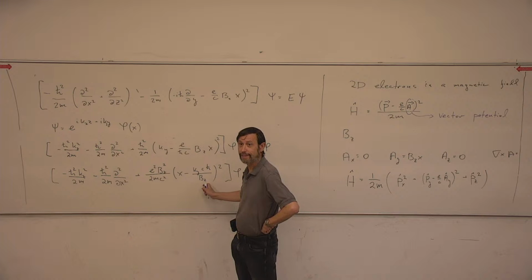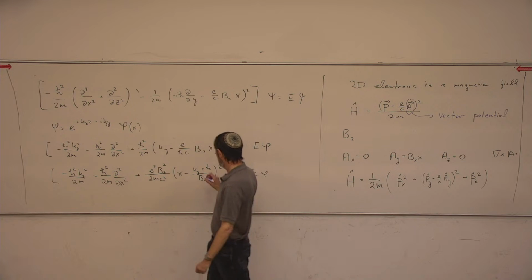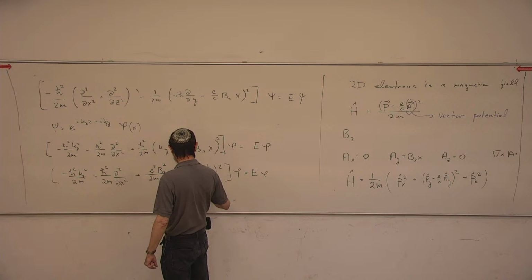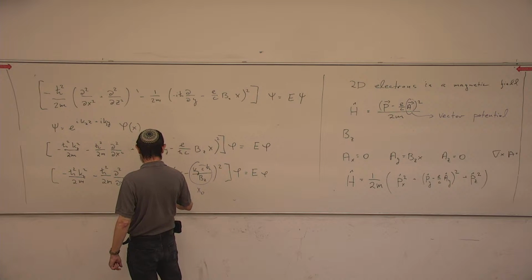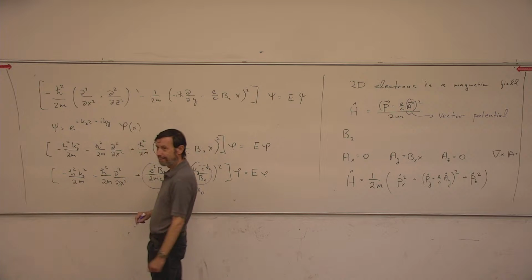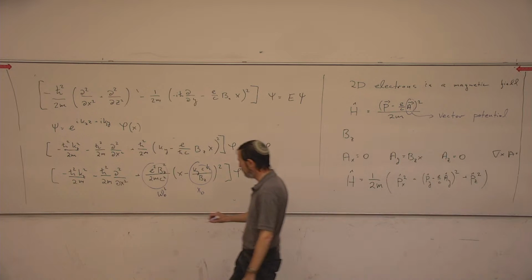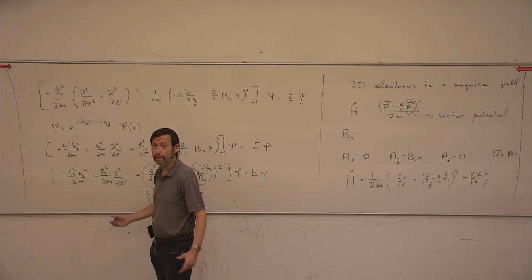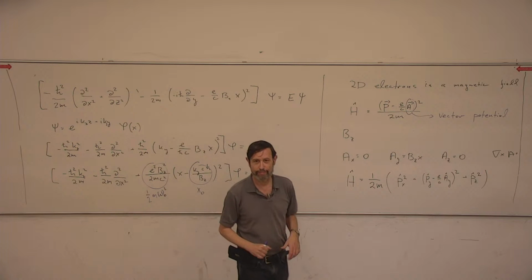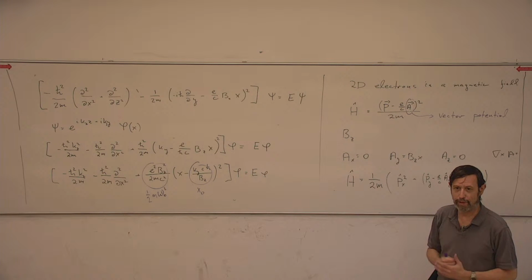This is the harmonic quantum oscillator. If I call this x0 and this omega 0 squared, up to half m, we're exactly solving the problem of a harmonic oscillator.